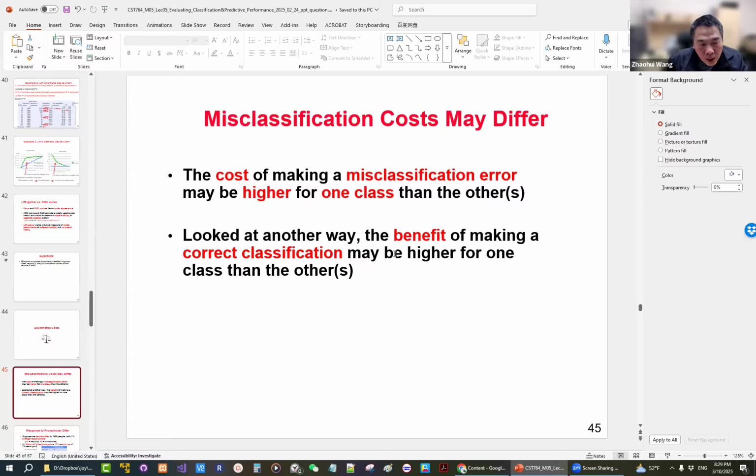Also, if you make a correct classification for 1, we have a high benefit. If you make a correct classification for 0, because there is no value and no contribution, the benefit will be less. This is what I mean: 0 or 1 have quite different meanings and different contributions.